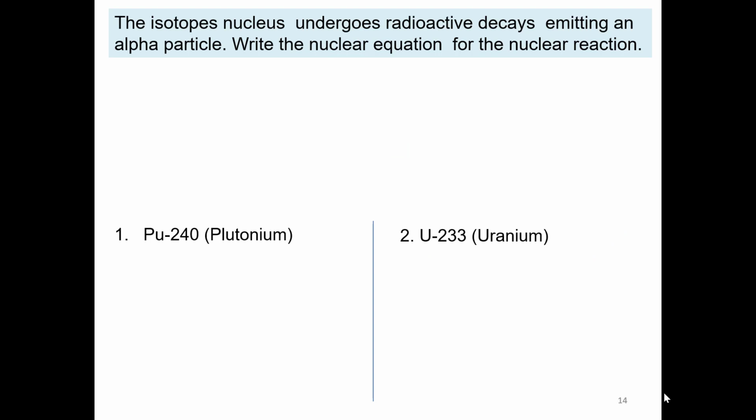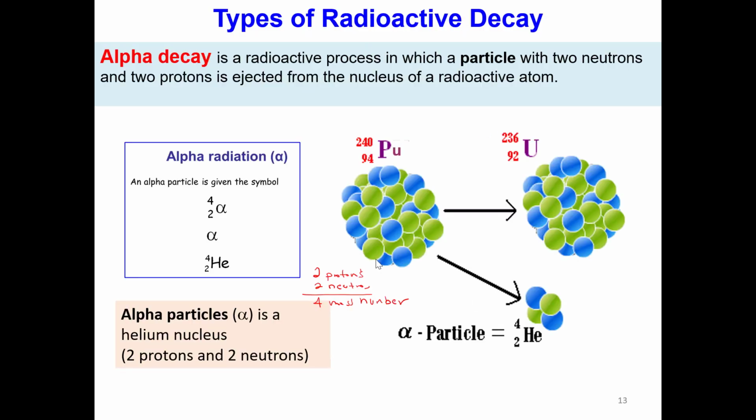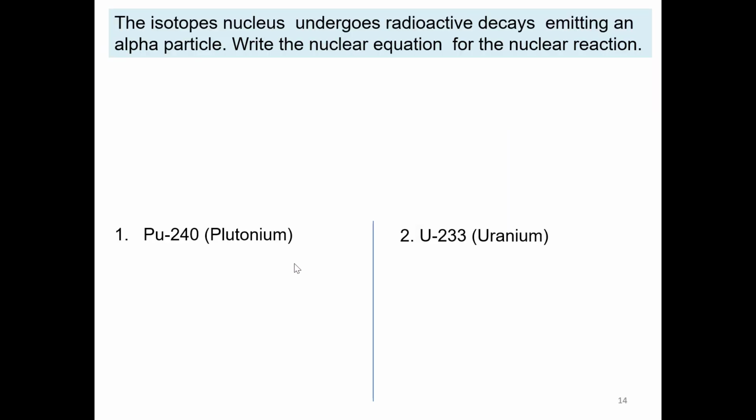Now we want to write the nuclear equation for the nuclear reaction of isotopes that decay emitting an alpha particle. Here we have plutonium-240, the same as in this example. The first thing we want to do is write the symbol for plutonium as a nuclear symbol.